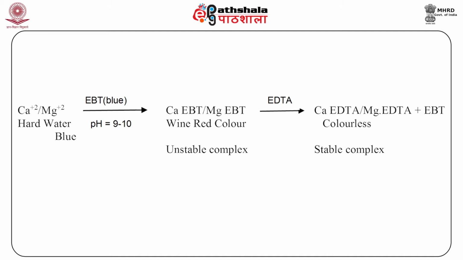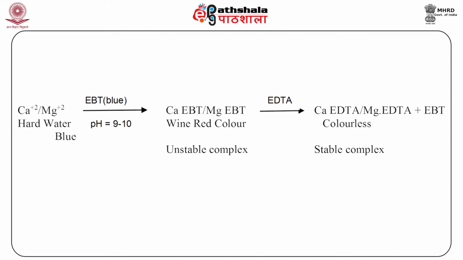During the titration with EDTA, Ca2+ ion first reacts and forms a relatively stable complex, followed by magnesium ion to give a metal EDTA complex, releasing the free indicator in blue color. The Eriochrome Black T is used as indicator and the color changes from wine red to blue at the end point, and this gives the amount of calcium as well as the magnesium ions.